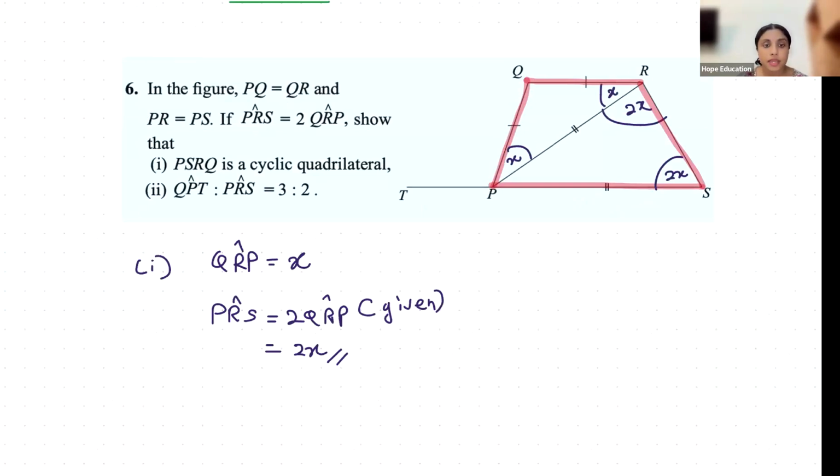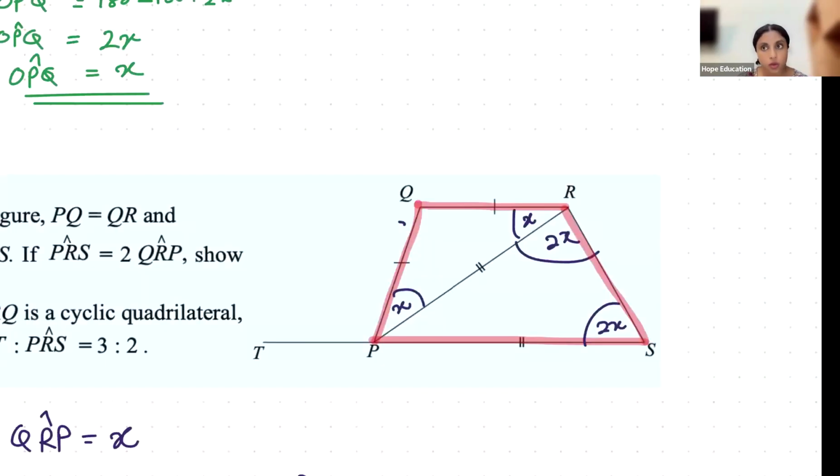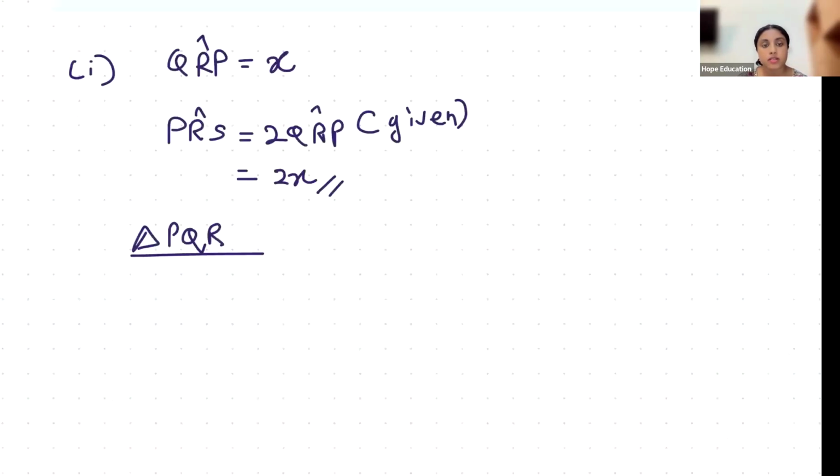Let's consider triangle PQR. In triangle PQR, PQ equals QR, that is given. Therefore, triangle PQR is an isosceles triangle.